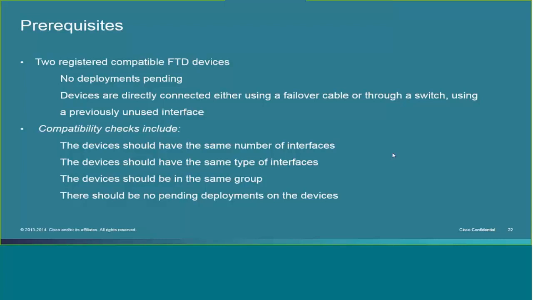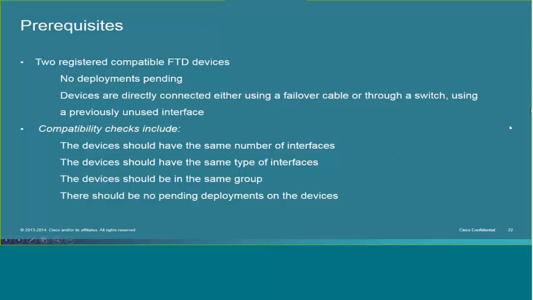The main point here is that there should be no deployment pending on any of the FTDs, otherwise we will not be able to create an HA. It will throw an error saying that there is a deployment pending on one of the peers, and you might have to resolve that first and then do it. I had the same problem yesterday, and I had to resolve that situation, and then only I was able to create the FTD HA.